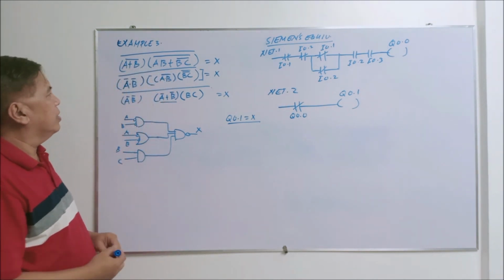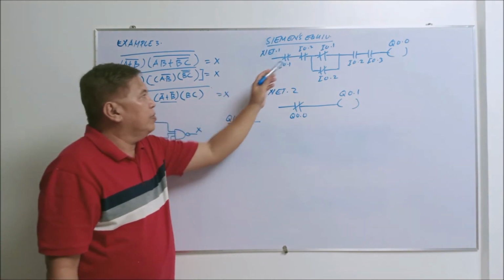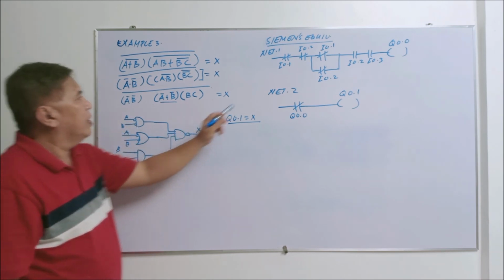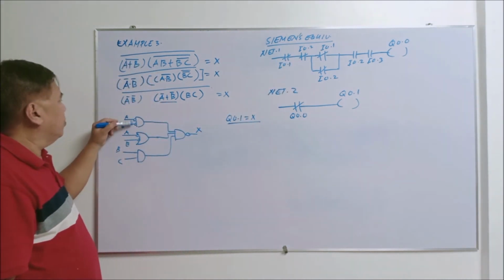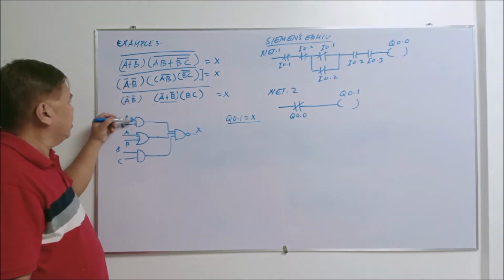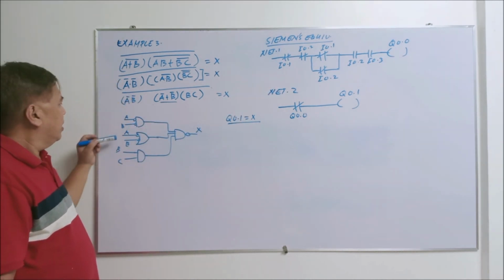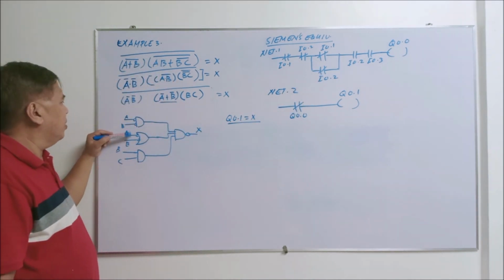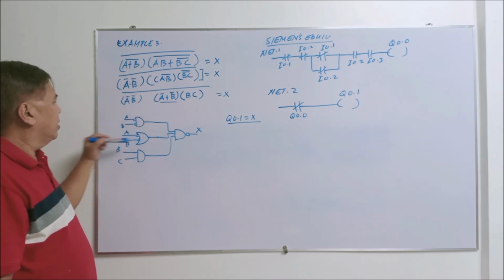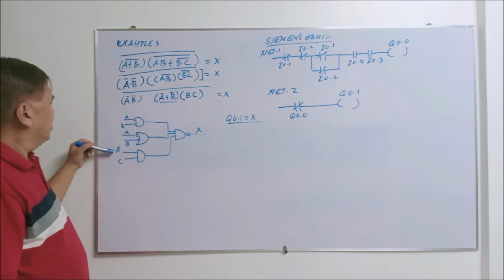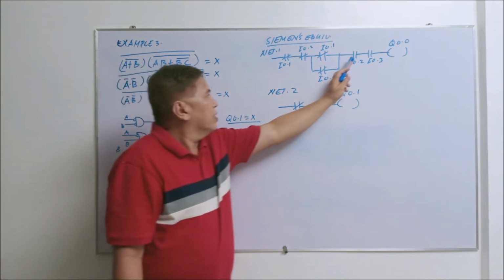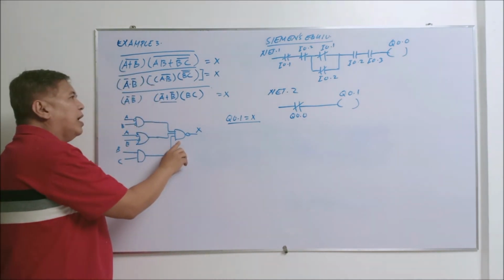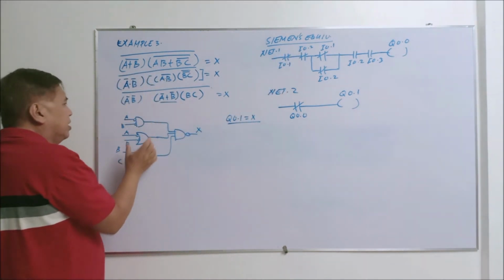I hope that you understand. So again, just a review. How do we obtain the Siemens equivalent? This one here is an AND gate: series connection, normally closed contacts because it is inverted. The inputs are inverted. And then you have an OR gate, meaning parallel, and both inputs again are inverted. Then you have BC, an AND gate again. Why is this in series? Because it is being ANDed, meaning they are connected in series.